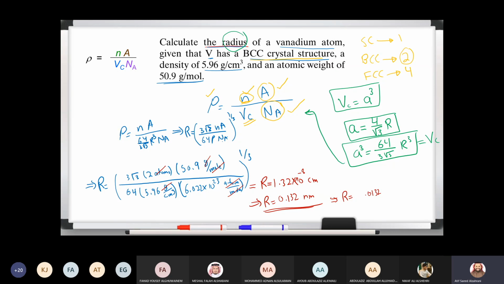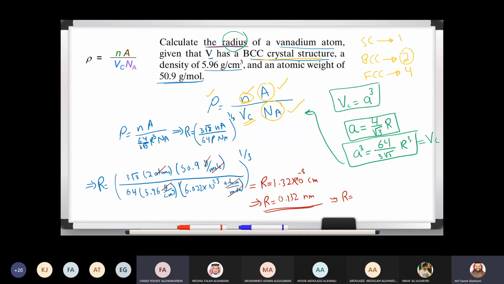So basically it will be 1.32, times minus 8. Nanometer is the most common, but angstrom and nanometer are both used, to be honest. So it's up to you.